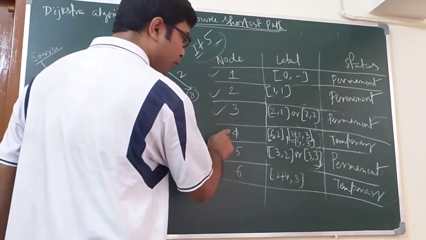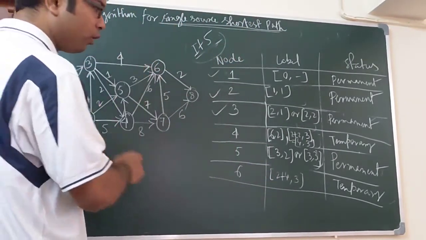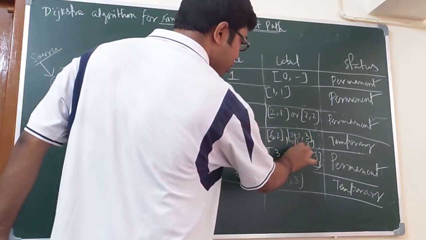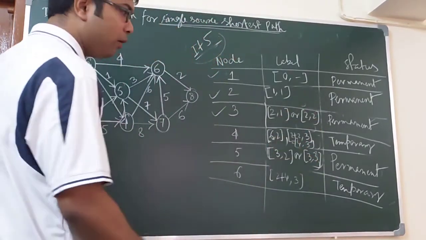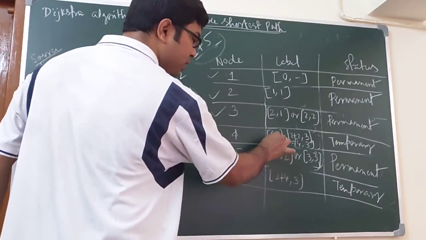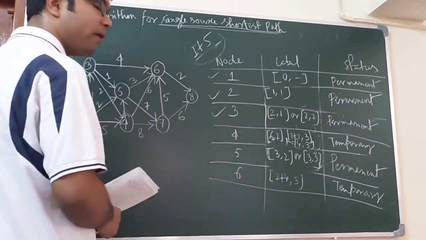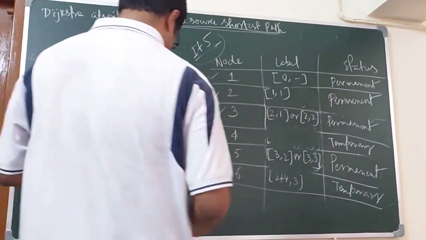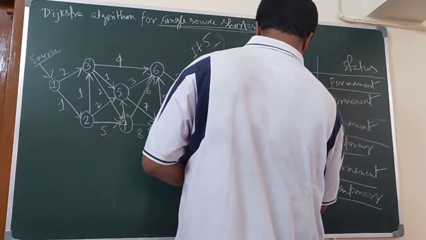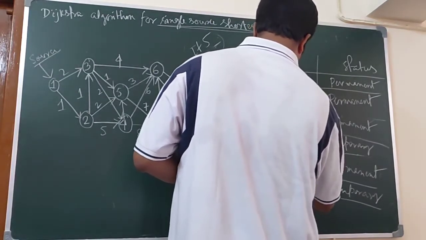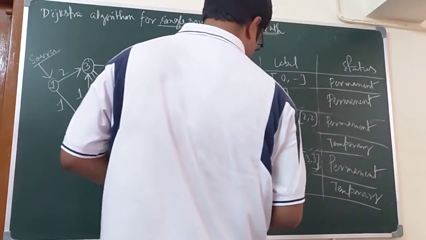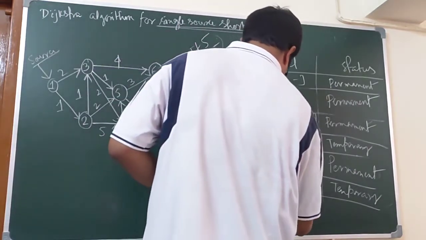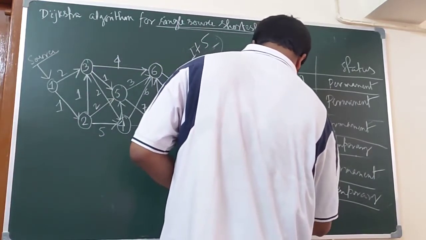So to reach the 4th node, we have to access via the 3rd node with the cost 4, and we have to discard this level 6 2, that is via second node. So the value will be 4 3. Okay. And for 6th node, this is 6 3.